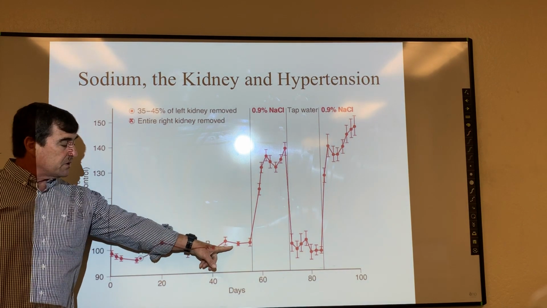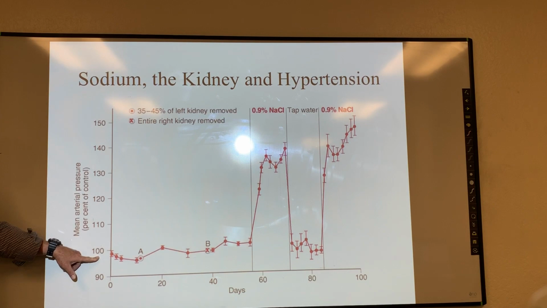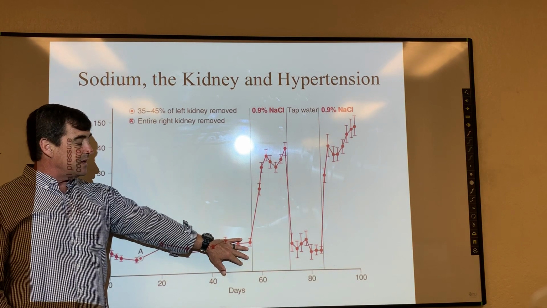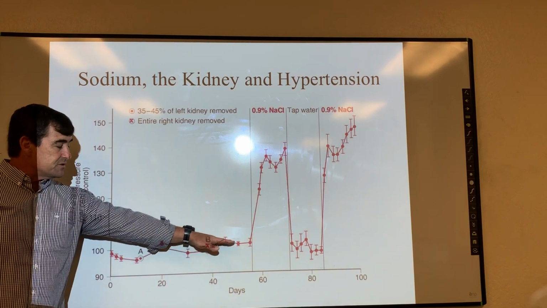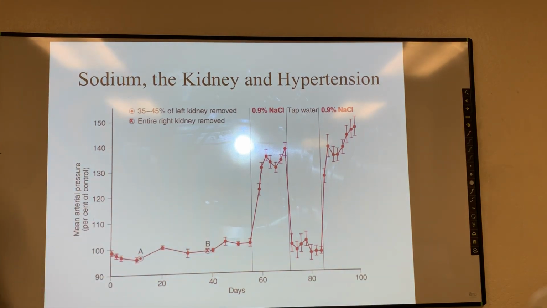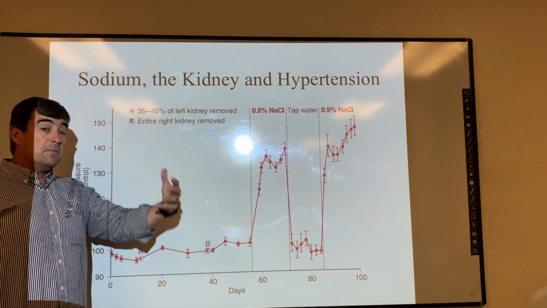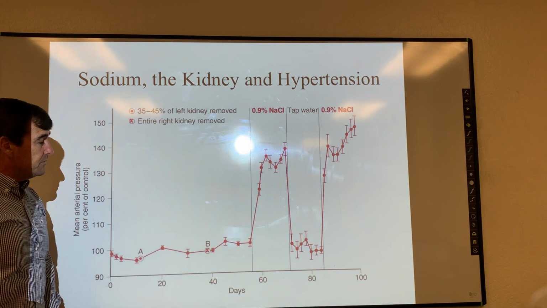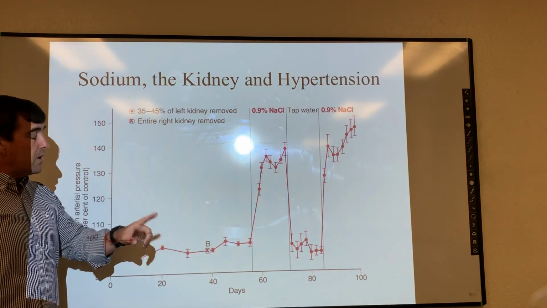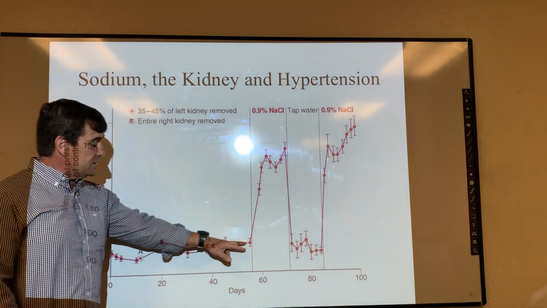A normal mean pressure is about 100 millimeters mercury. So in this group of animals, for the first about 55 days, they did 2 series of surgeries and monitored their blood pressure, doing an ambulatory style blood pressure. But what they did is they compromised the kidney function of these animals, and that mimics the phenomenon of sodium sensitivity. So the first part of this illustrates the influence of sodium.